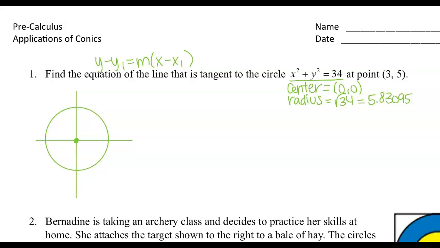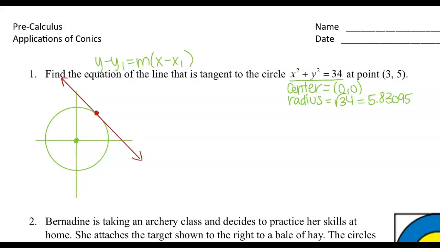The directions say that it is tangent at point (3, 5). I don't want to be too exact because I don't feel like counting things out, but this point right here we're going to say is (3, 5). And this would be the tangent line that goes through it. We want to make sure it only touches the circle one time.